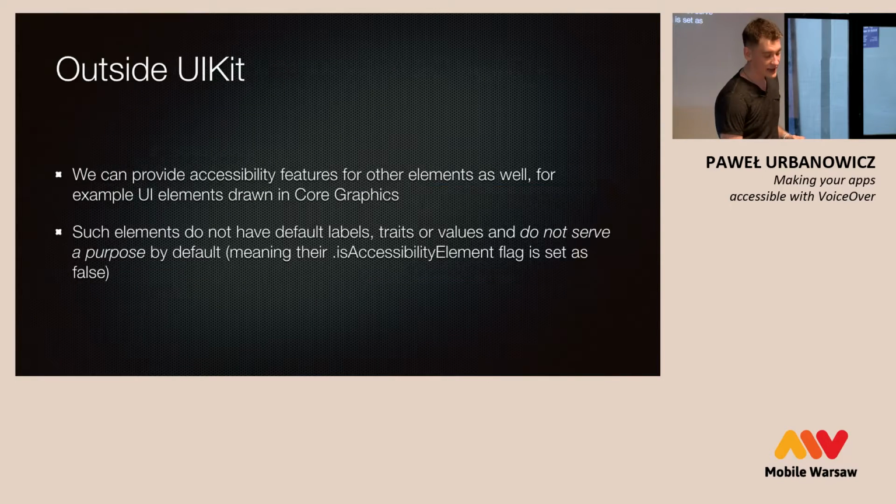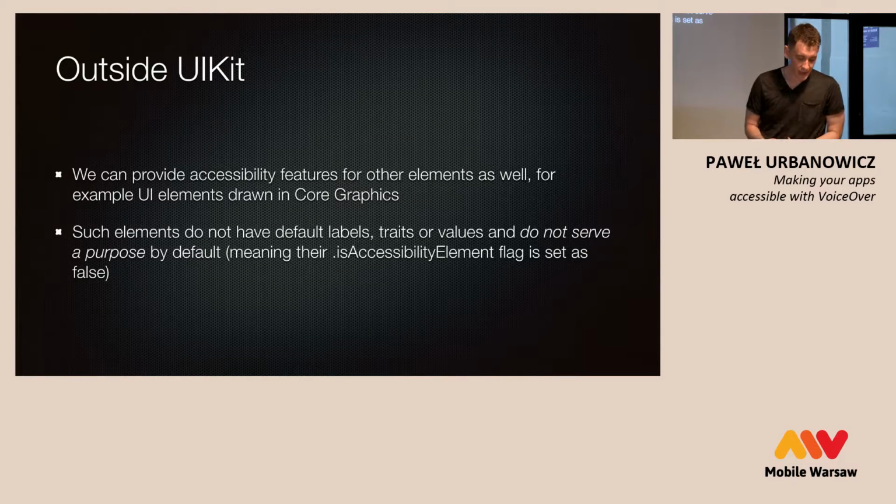So outside UIKit, like I told you previously, when you are using standard UIKit controls, you have this accessibility behavior for free. But for example, what if I'm doing some Core Graphics drawing? What if I'm creating my own custom UI elements? You can use a wrapper around it, and I'm going to tell you about it in a moment. But bear in mind that anything that's not a UI control doesn't have a default value for these properties.